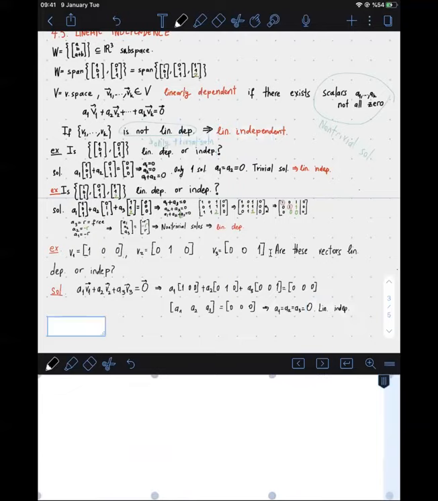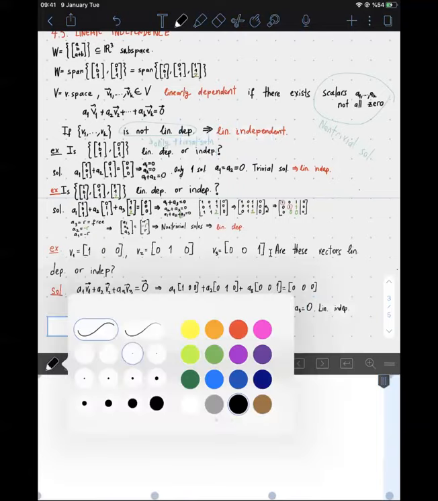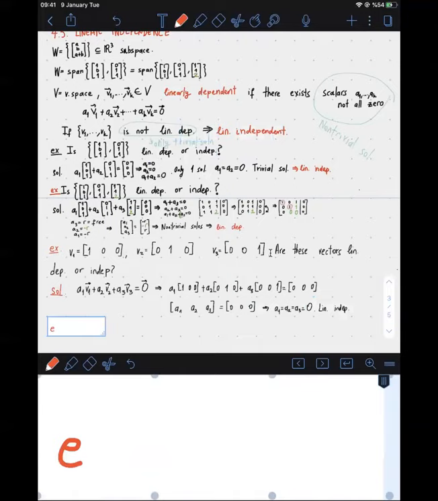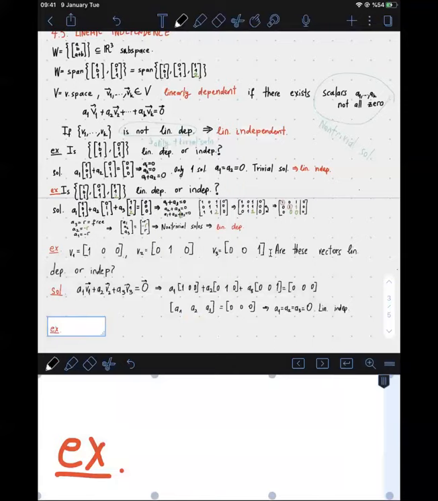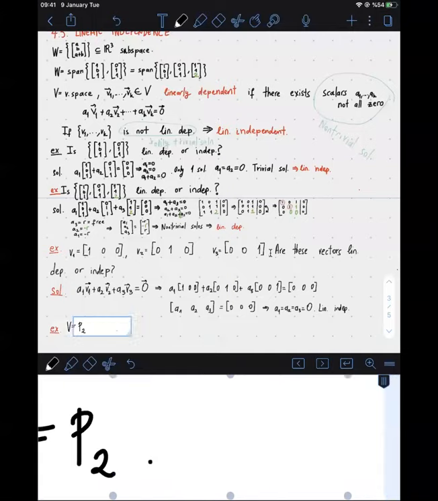Let's give an example from another vector space. Let me know if you have any questions. This time our vector space is P2. I hope you remember this vector space. It's the vector space of polynomials of degree less than or equal to 2.